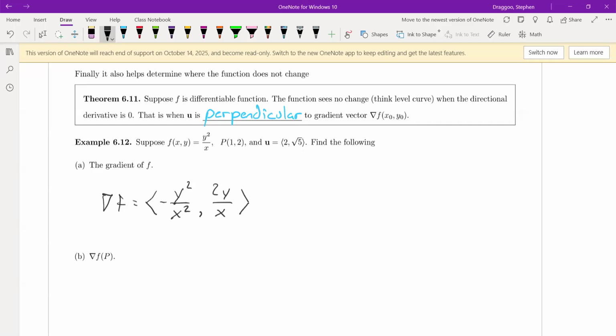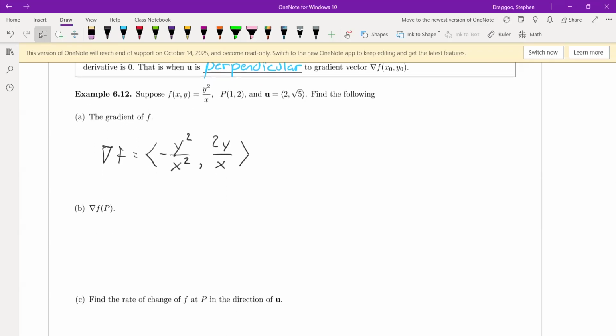I think that's my gradient, if I just look at my two partial derivatives. Then I want the gradient at P, which will just be the gradient at (1, 2). So I plug those numbers in. This looks like negative 2 squared over 1, which is negative 4. Don't forget the negative, geez. And then 2 times 2 over 1 is positive 4.